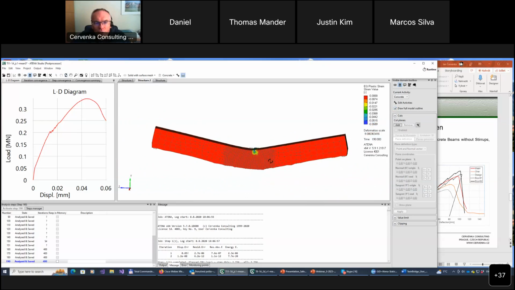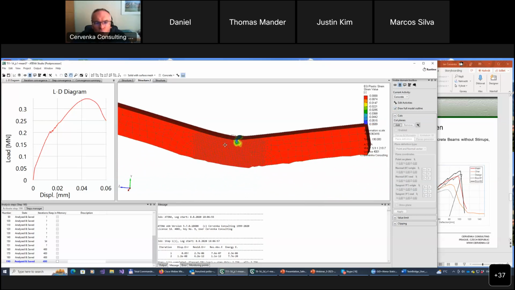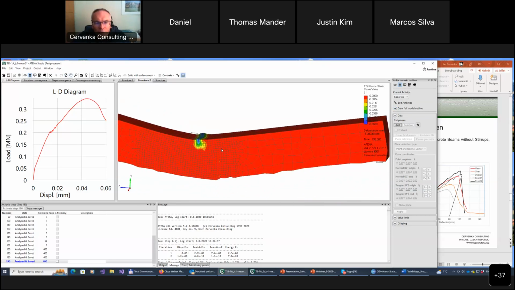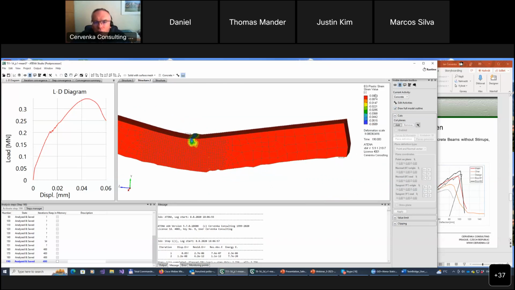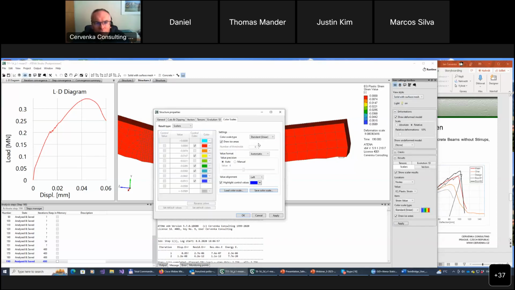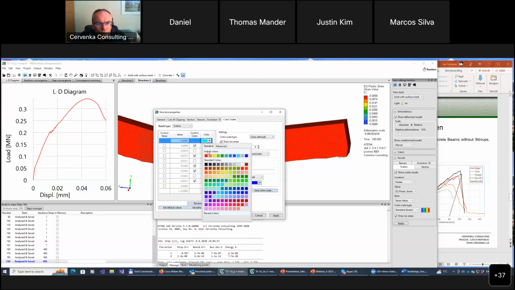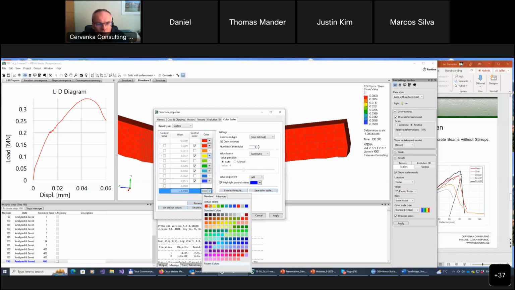So what I usually recommend when evaluating these results is to look at these equivalent plastic strains. And in addition, it is good to modify my scale, not to use the standard one, but to have a user one. I would also like to put red on top here and blue at the bottom.